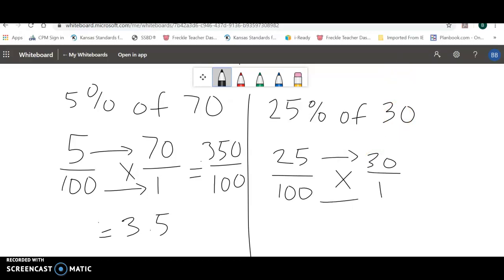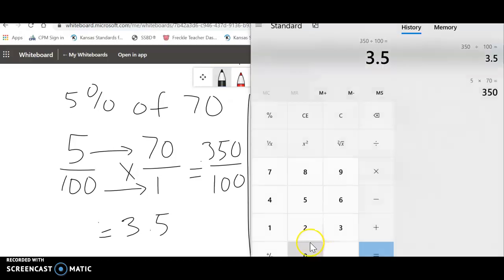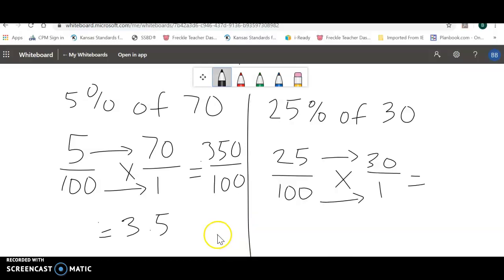Multiply the top and the bottom. So 25 times 30. Try that out. 25 times 30. We get 750. And then on the bottom, I have 100 times 1, which is 100.